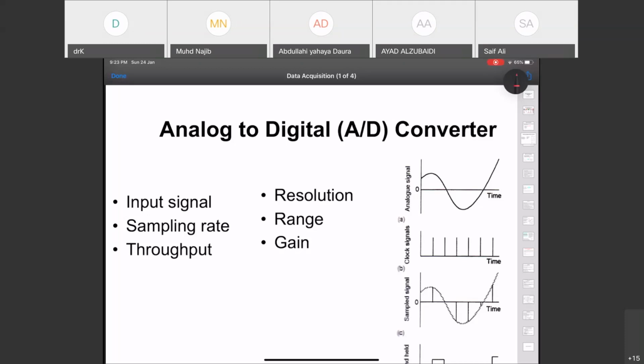You can just draw it in your mind. You always have to remember the basic system of instrumentation, basic data acquisition. You always talk about this with 4 blocks. That's all.